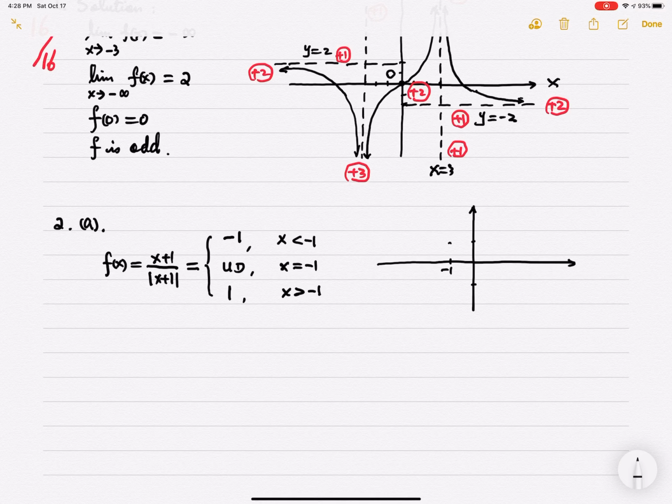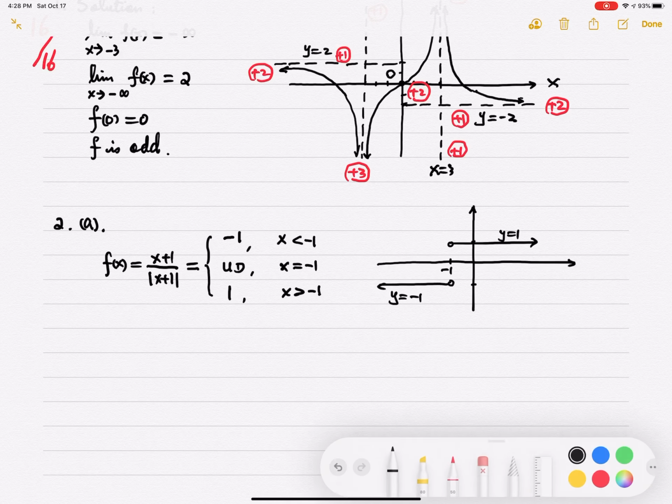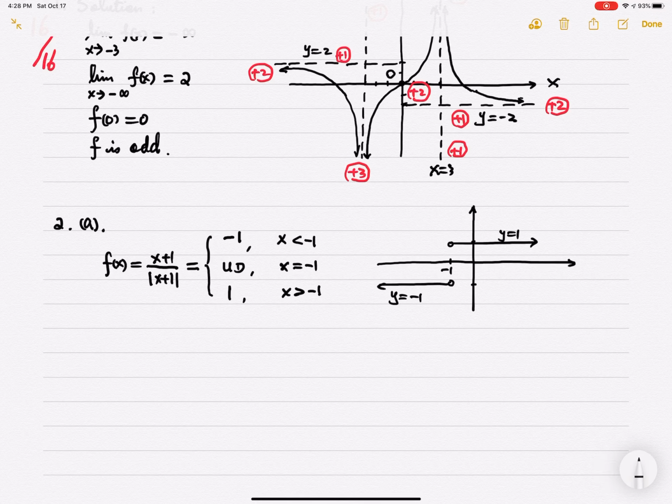Well, not defined, we put a circle here, and then this is y equal to 1, and then here we say this is y equal to -1. Okay, notice for both parts we use a circle. So at x equal to -1, you don't have a function value. So that's a circle. So that's like that.